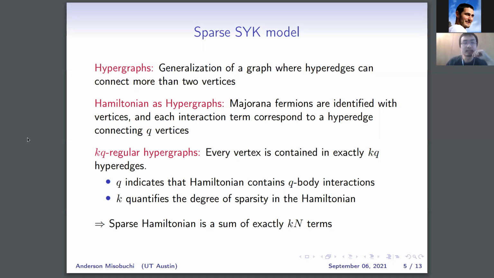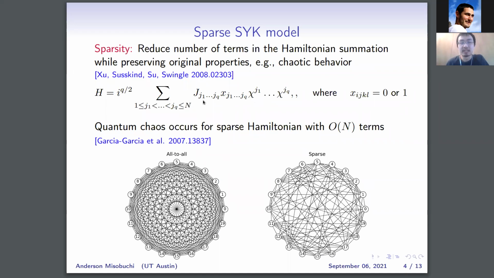We need to use hypergraphs, which are a generalization where you can have edges that contain more than two vertices. The way we identify a hypergraph with the Hamiltonian is to identify each Majorana fermion with a vertex and each term in this sum as a hyperedge.